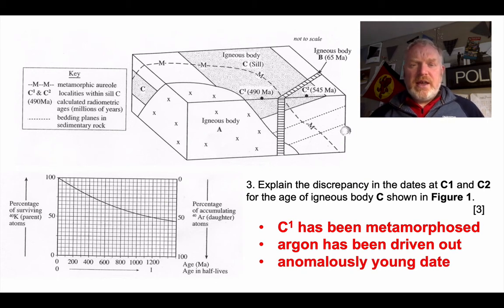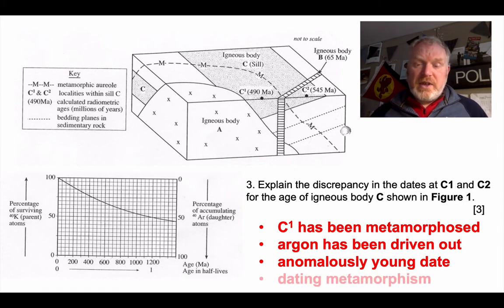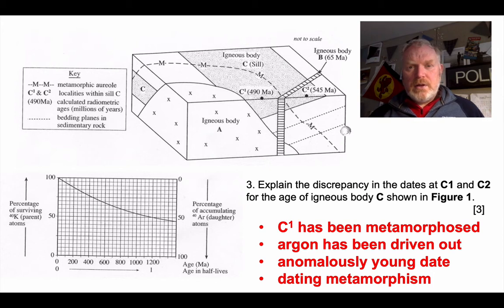We've got a date there of 55 million years younger than the rest of the sill. The other thing, of course, this could actually be dating the metamorphism rather than the sill. But we have just worked out the igneous body A is 450 million years old, so this is really going to be a result of the loss of argon.